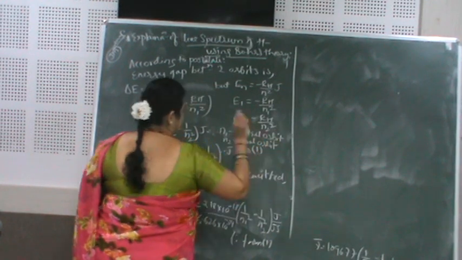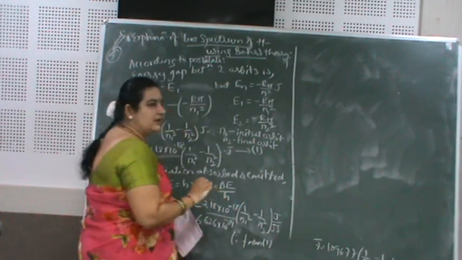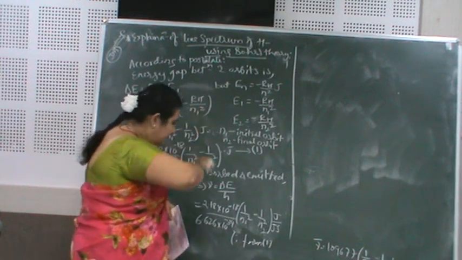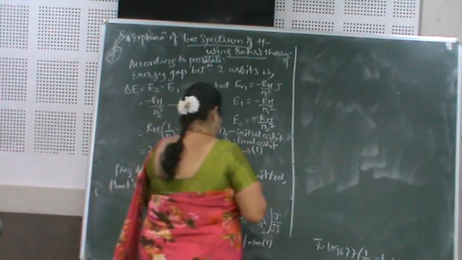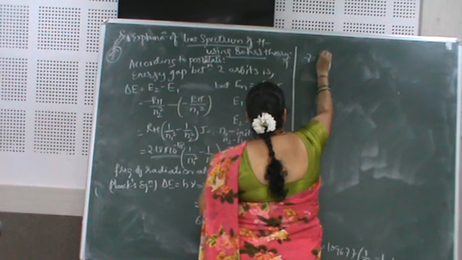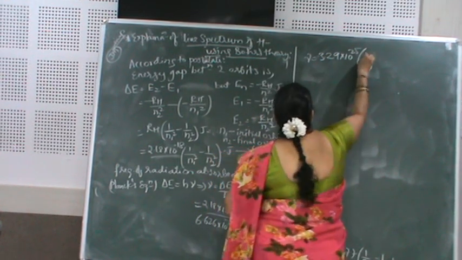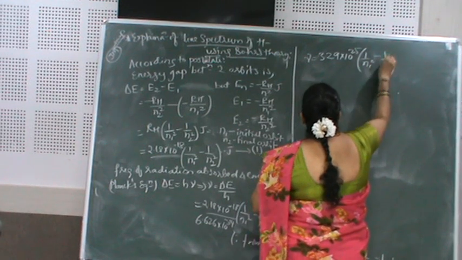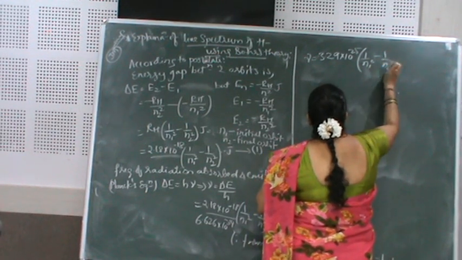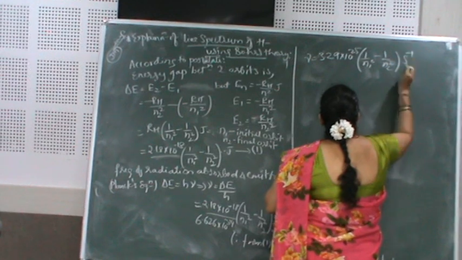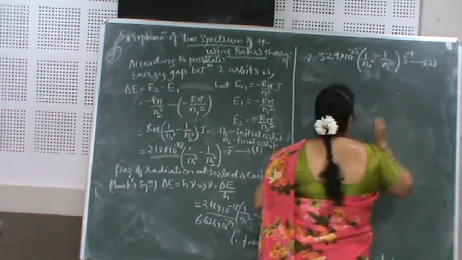Okay. So that you know, I have just reminded you. Now if you simplify this value, it will be nu is equal to 3.29 into 10 raised to 15 into 1 by n1 square minus 1 by n2 square, and here the unit will be second raised to minus 1. Let it be equation 2.